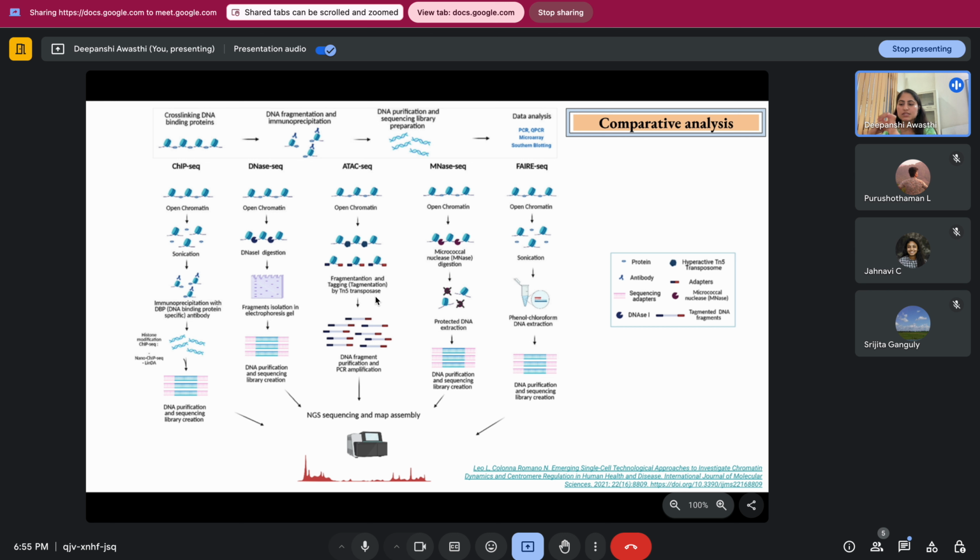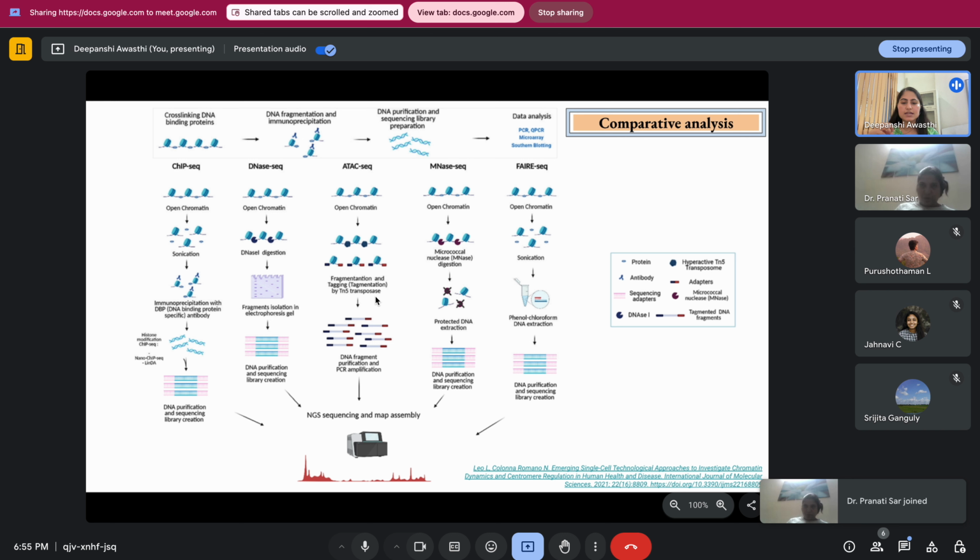They can be cut from one position and anneal to another position. So that is known as transposition, which is like a cut and paste mechanism or copy and paste mechanism. Cut means that some fragment is cut from one side and pasted to the other side. That transposition is done with the help of transposases.